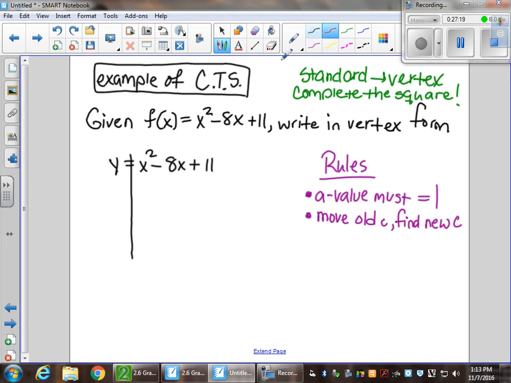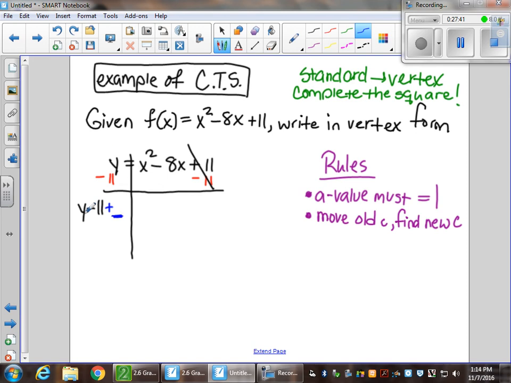So to do that, we're going to physically use math to make a hole. We're going to subtract 11 from both sides. This will become y minus 11, and I'm actually going to make, at the same time, a hole right here.